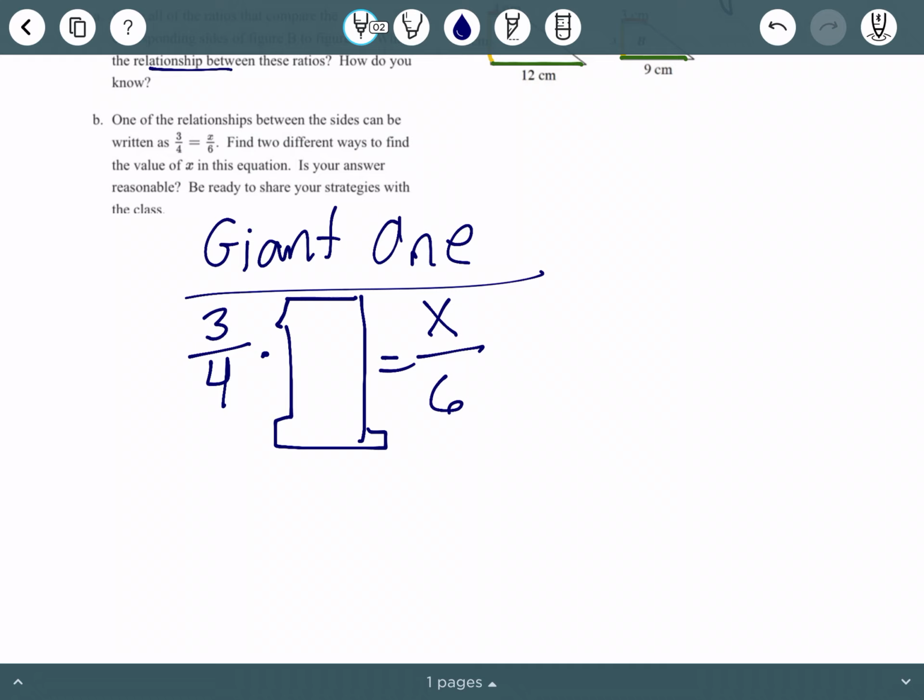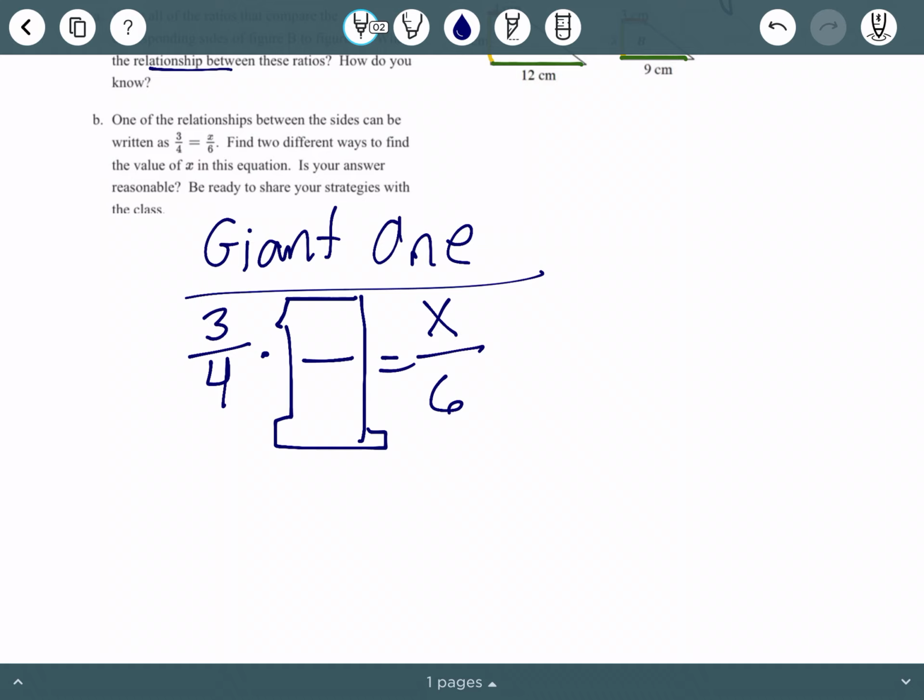So really what I need to find out is, I have 3/4 and I need to multiply by something to get x over 6. 4 times what gives me 6? Well, rather than trying to go through trial and error, what we can do is just 6 divided by 4.